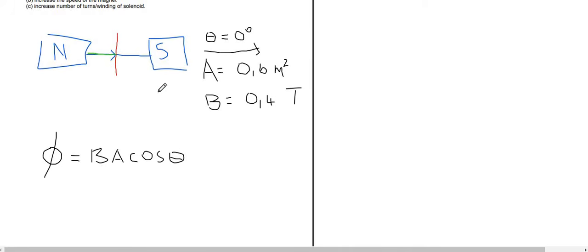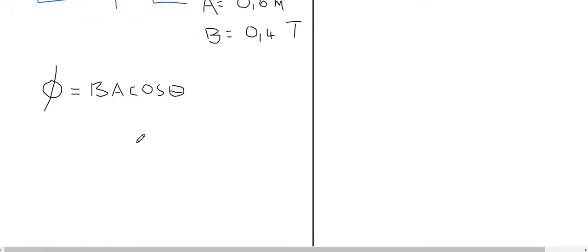When you say something is normal, it means that there's an angle of 90 degrees between them. So between this coil and the normal to the coil, the angle is 90 degrees. However, the angle between the magnetic field lines and the line that is perpendicular to the coil is 0, because they are all in the same direction. So don't get confused there.